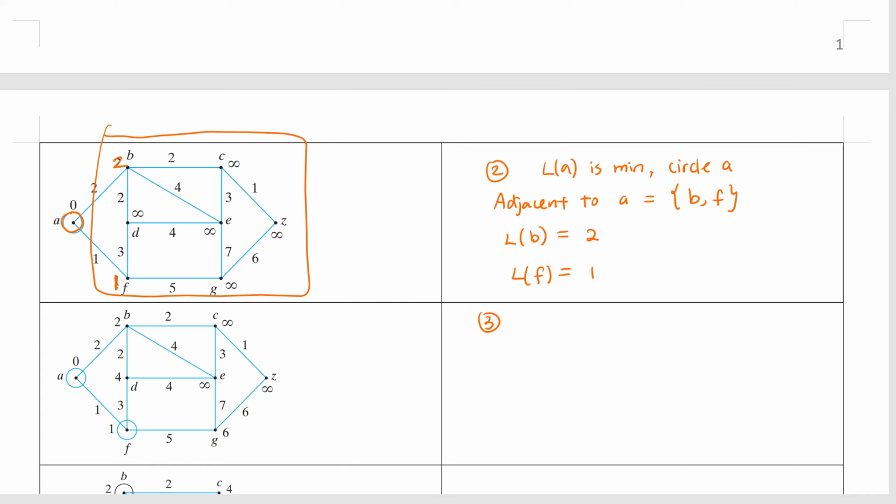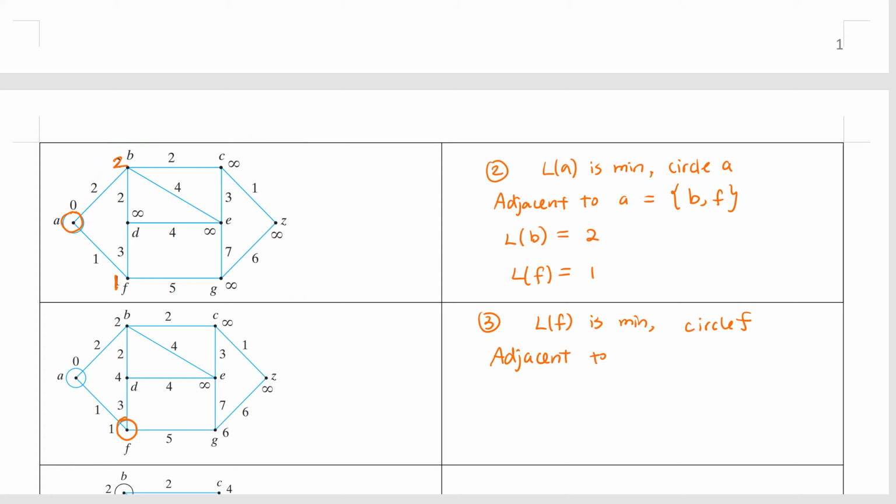So LF is minimum. Then we circle F. Once we circle F, it means the label of F is fixed. It is permanent.